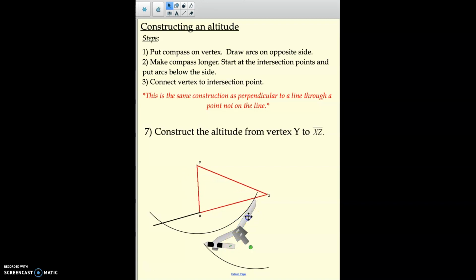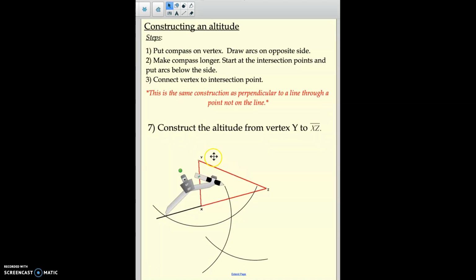Oops. Move this right first. There we go. All right, so we're going to use this as our fixed point, and again, we are going to draw our arc there.